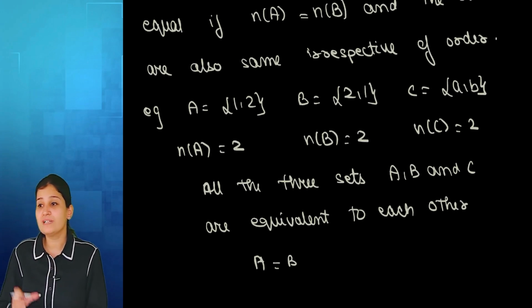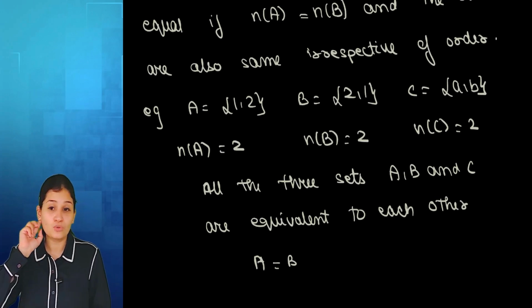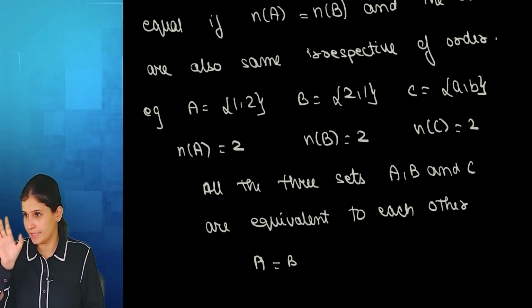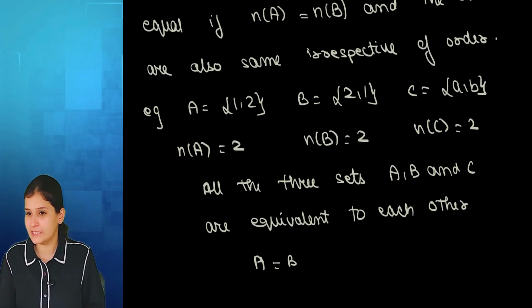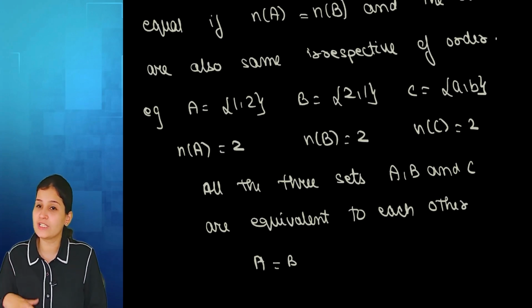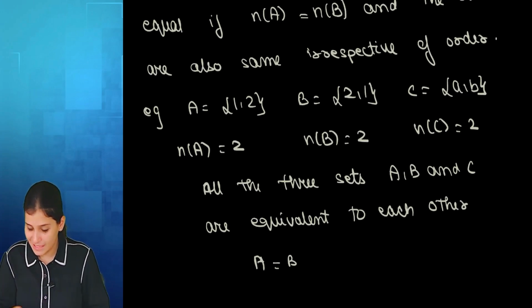Now, I used the word interval in between. What are those? We'll go back to the roster and set builder methods again. When we go from set builder to roster, I give you a condition and you need to write every element present within the set one by one. That is what the roster method is.